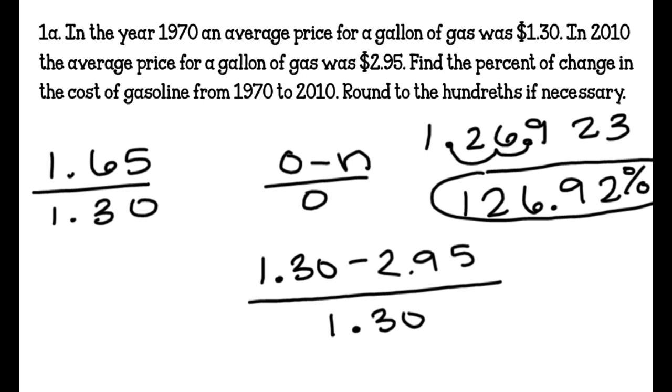A lot of times when some graders see this 1.26923, they are just like, I don't know what to do. So on this, it's very critical, like on the test, as part of your answer that you've written it as a percent, you've rounded it. The percent sign makes me know that you understand that this is talking about the percent that it's changing.